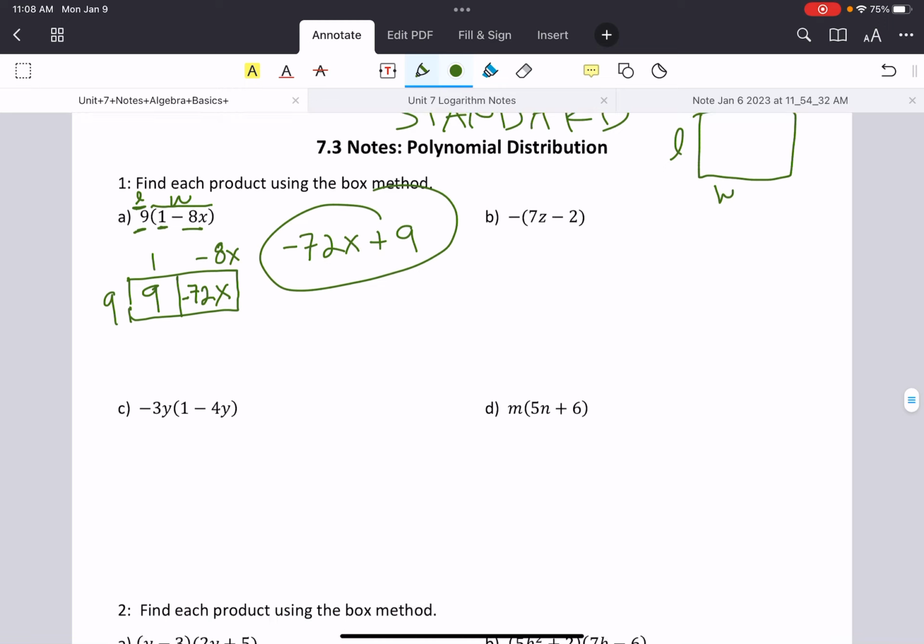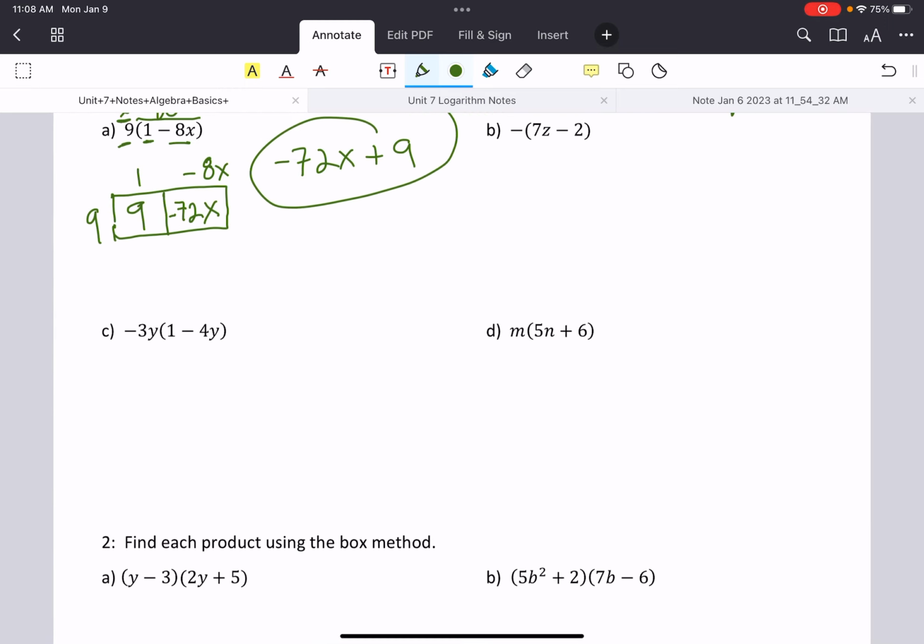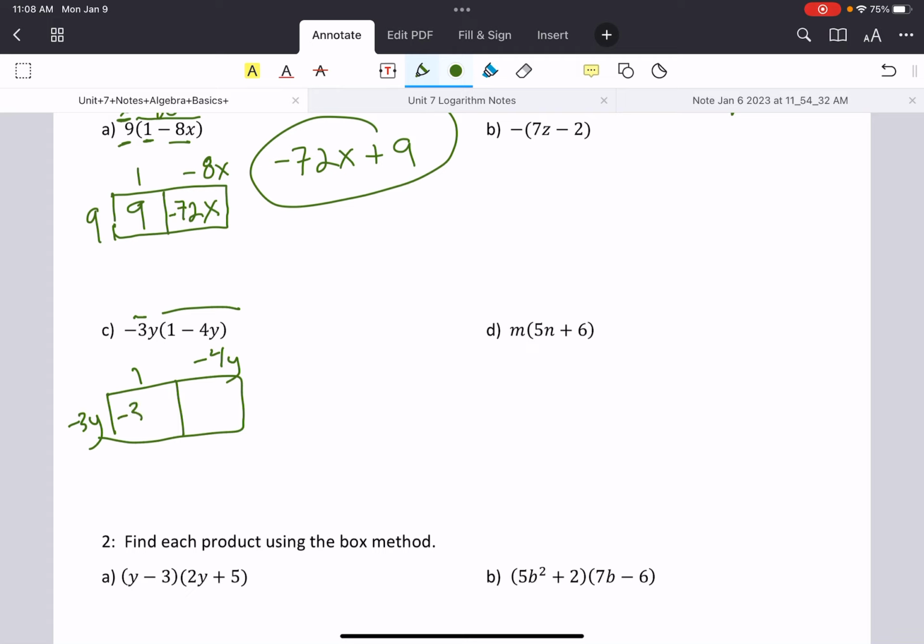Actually, we're skipping B. I want to go to C. So this one again would be a 1 by 2. Negative 3y for the first one. Good, Caleb. Oh, nope.